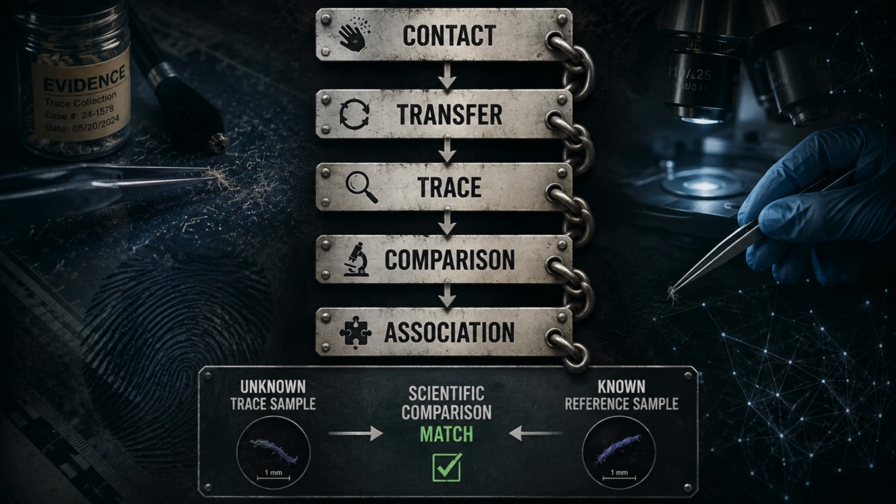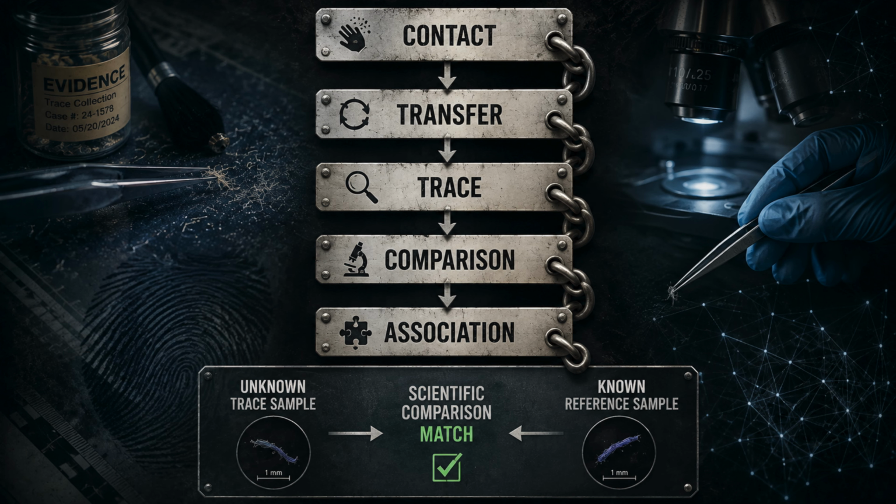So the next time you hear the phrase trace evidence, don't think of it as just dirt, fibers, tiny fragments, or microscopic debris. Think of it as a record of contact and movement. A person enters an environment, something may be left behind, something may be picked up, an object touches another object, material may move between them, and those tiny transfers can become scientifically valuable clues.